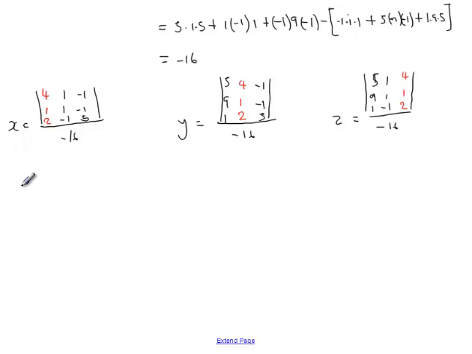Now, let's take our matrix A, that one which starts with a 5. Give me the numbers. 5, 9, 1, 1, 1, negative 1, negative 1, negative 1, 5.